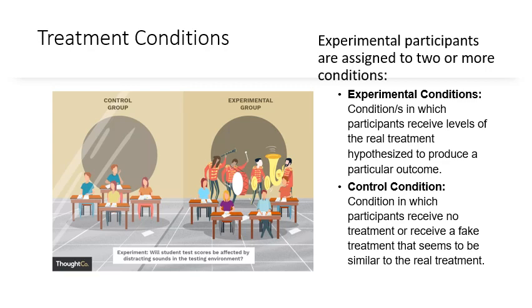And we can see the participants are in identical situations. The classroom, the lighting, everything is identical, except for one thing. The experimental group has this loud music in the background, and the control group doesn't. That allows the researchers, if it's a well-designed experiment, to determine whether the loud music will impact test scores in some way.